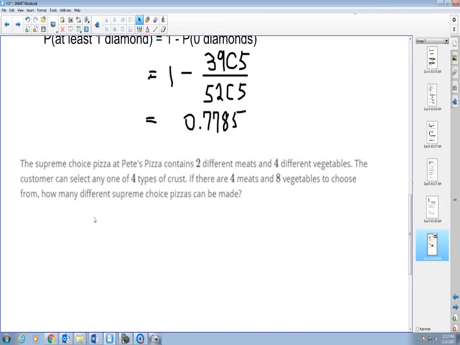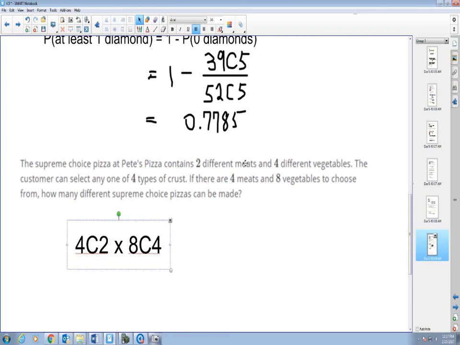Alright, so we have 4 meats, choosing 2 of them, followed by 8 vegetables, and I'm going to choose 4 different types. Once you put them all on the pizza, you cannot really tell which one you put first, so the order does not matter, and we use combination. Followed by selecting one of the 4 crusts, so there's 4 choosing 1. If you put it in the calculator, that means you can make 1,680 different supreme pizzas.